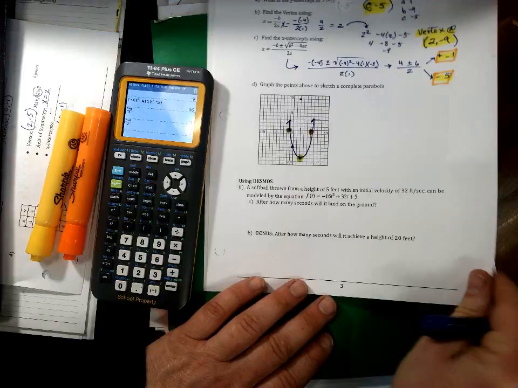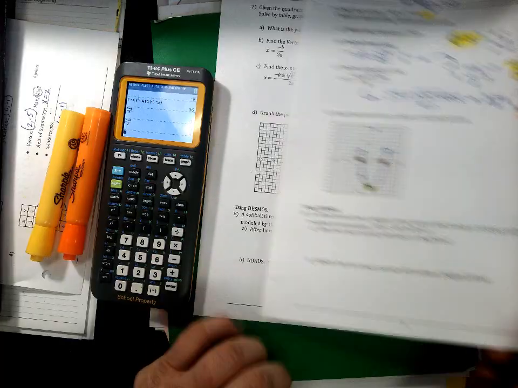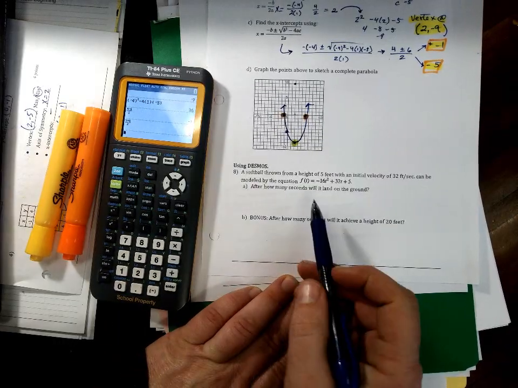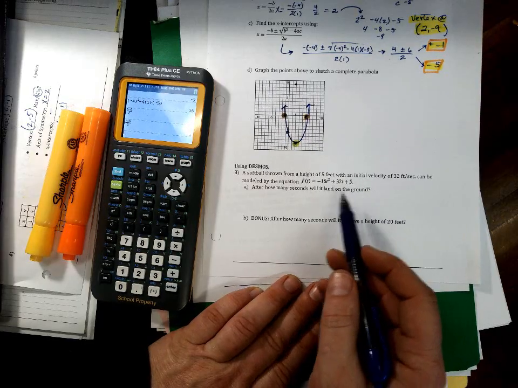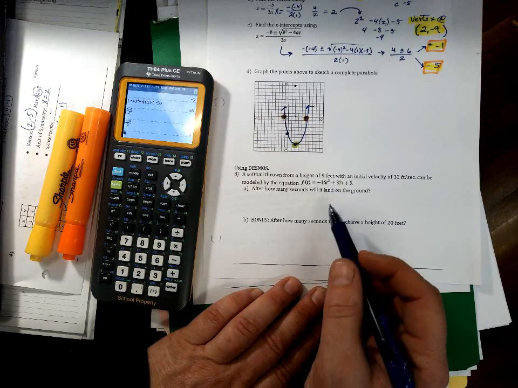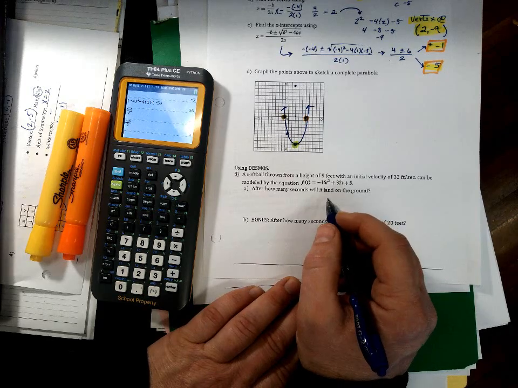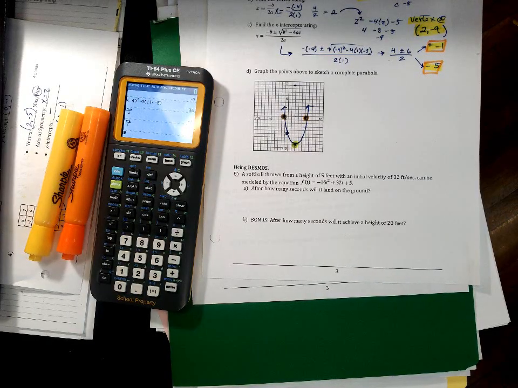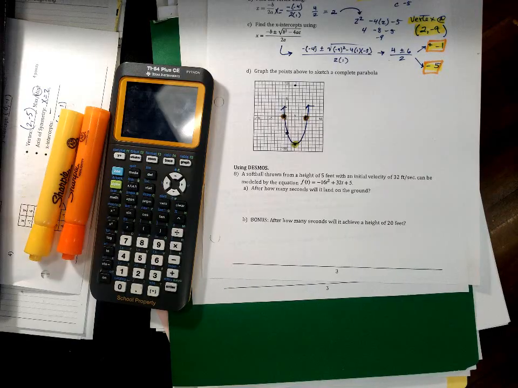Then we have a few word problems. Here, we're throwing a softball. After how many seconds will it land on the ground? So we're going to go to Desmos, and we'll graph that function.